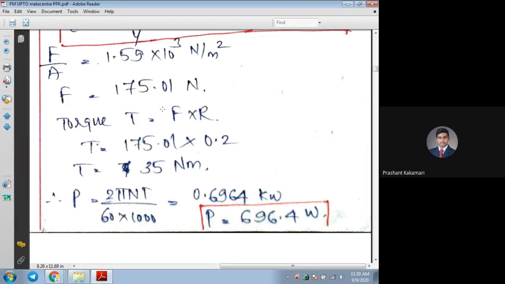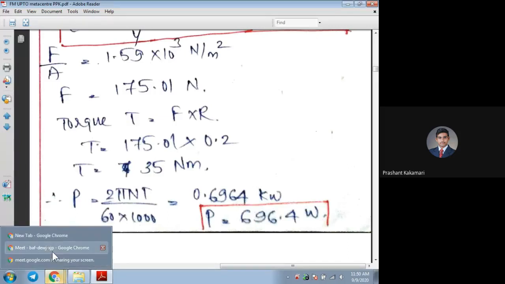But whenever you apply more power than 0.7, say for example 1 kilowatt, 0.7 kilowatt is lost in rotating the shaft or overcoming the resistance of the liquid itself. Then the remaining 0.3 kilowatt is supplied from one machine to the other machine. Now is it clear?